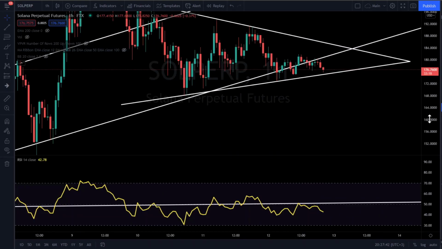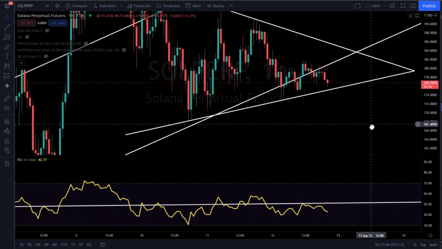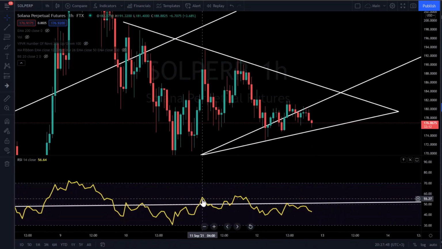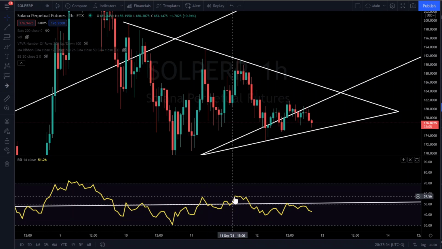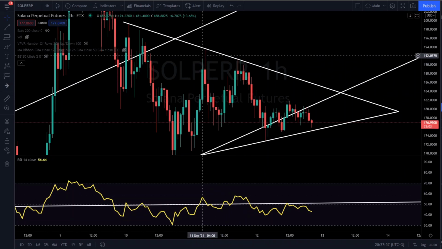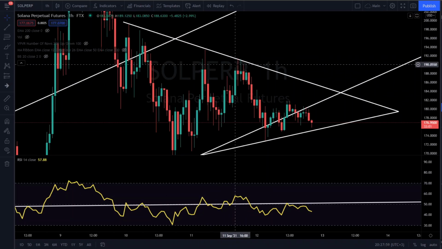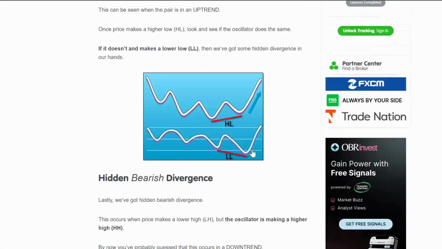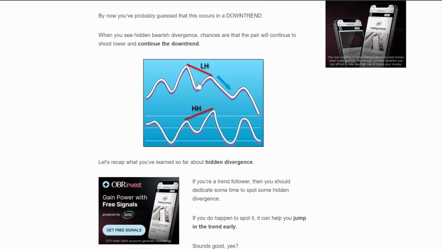So yeah, reason number three is we created a hidden bearish divergence. So we created a higher high on the RSI and a lower high on the price action. So that means a hidden bearish divergence. If you want to see, we have it right here.